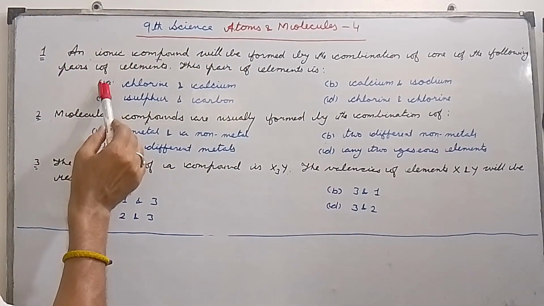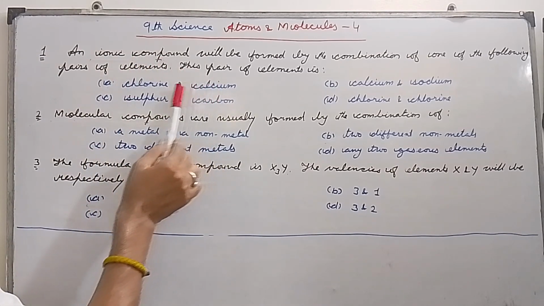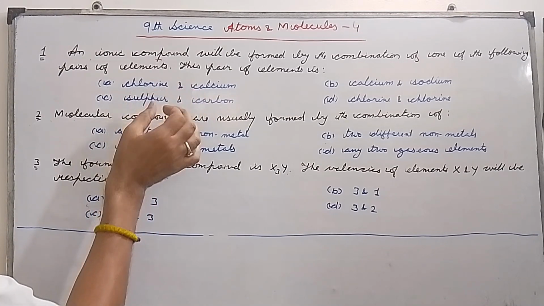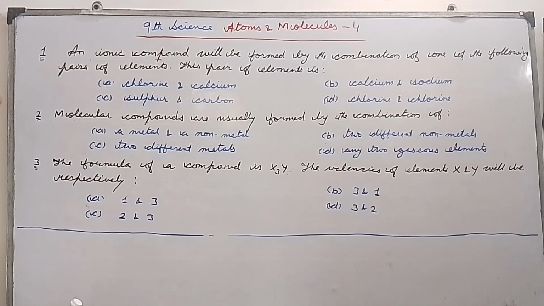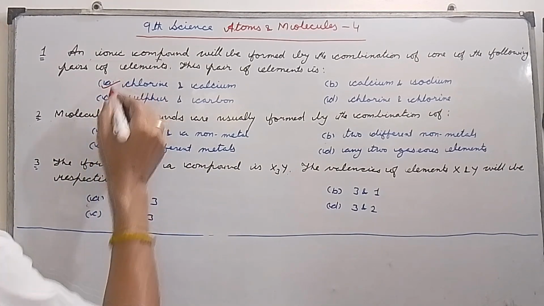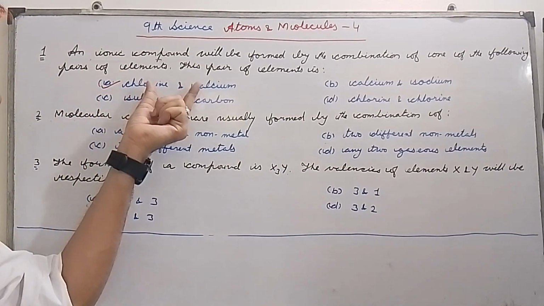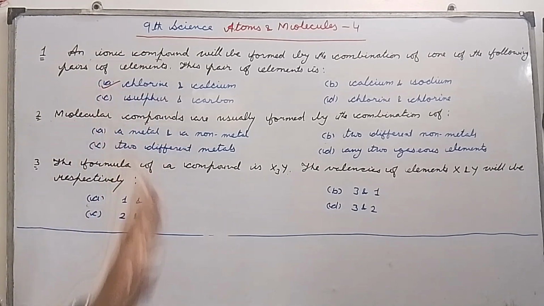In the first option we have chlorine, which is a non-metal, and calcium, which is a metal. So by the combination of this pair of elements, an ionic compound will be formed. So A is the correct option.